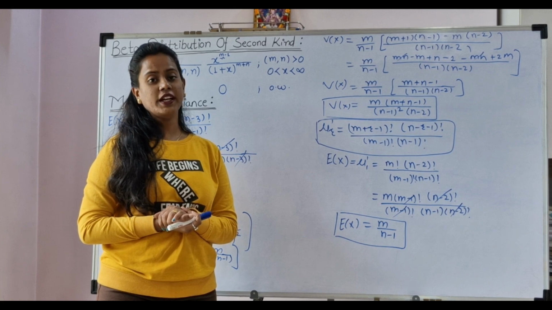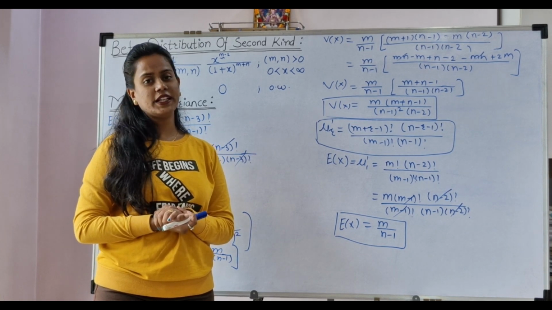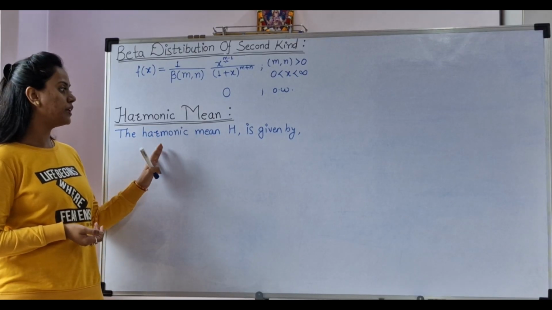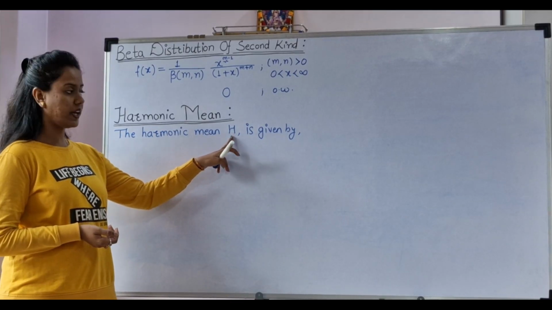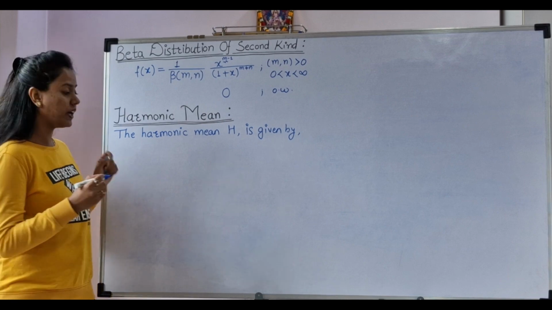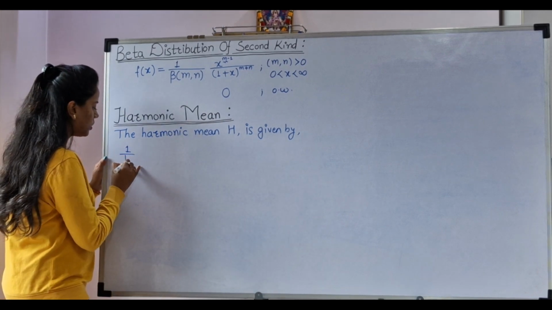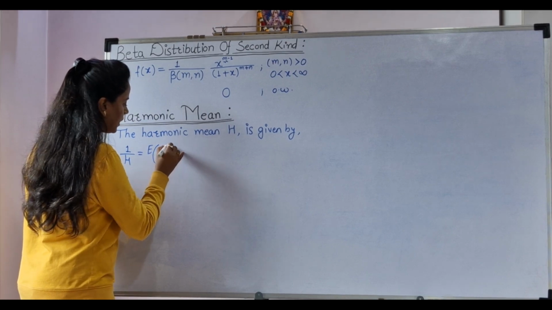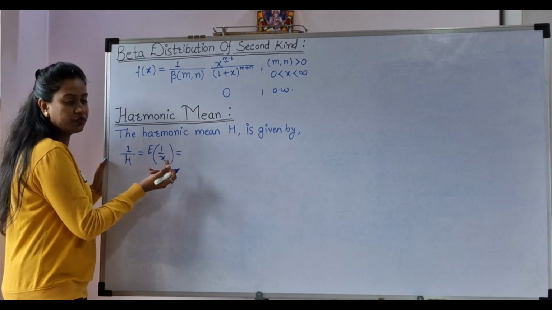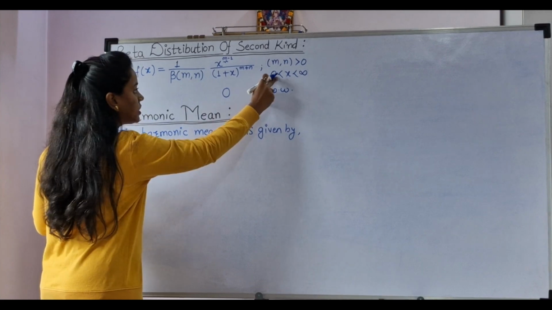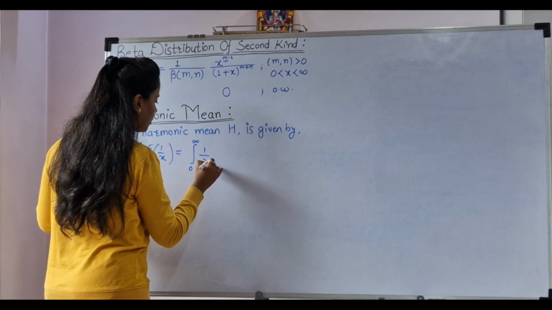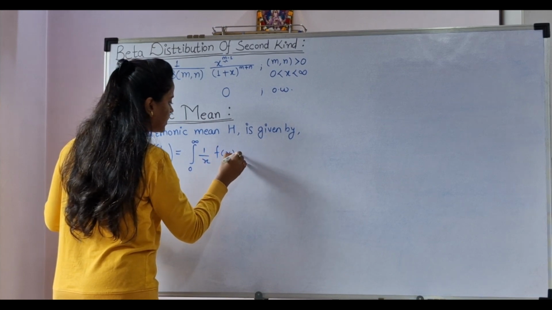Now we will obtain the harmonic mean of beta distribution of second kind. Here the harmonic mean is denoted as h and is given as 1 upon h equals expectation of 1 by x, and expectation of 1 by x is the integration over the range 0 to infinity of 1 upon x f(x) dx.